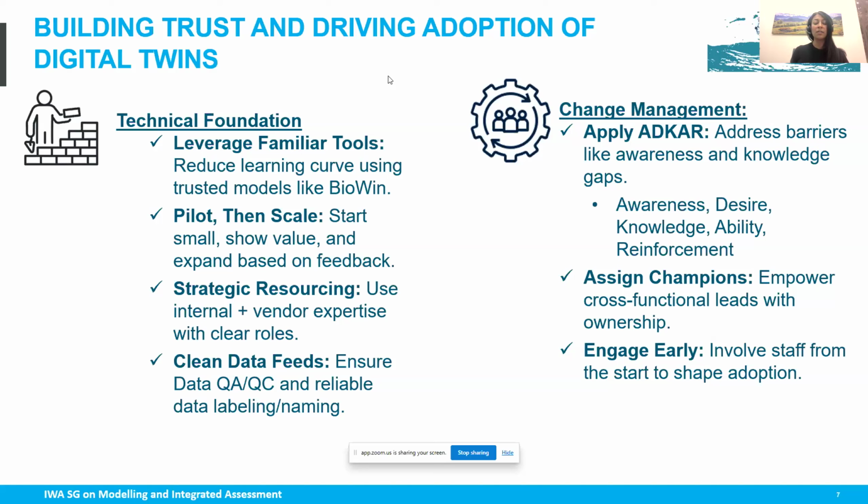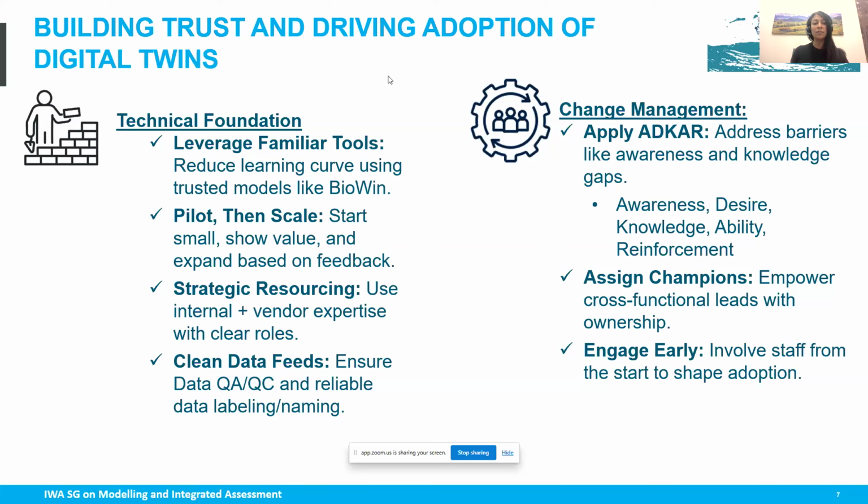We also started with a pilot. So we're doing a pilot of the secondary process. So the digital twin is focused on just the liquid stream secondary process. And we want to do that pilot first and then show the value of that initial iteration, and then based on feedback, expand from there to other process areas that might provide meaningful optimization for the facility.